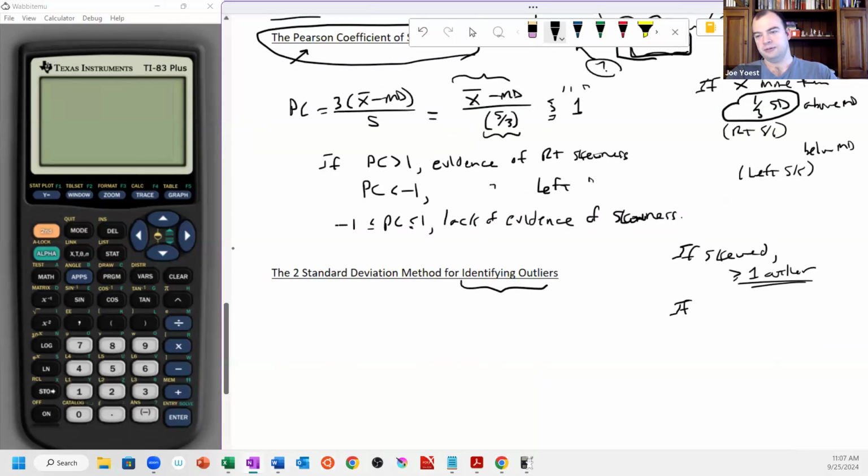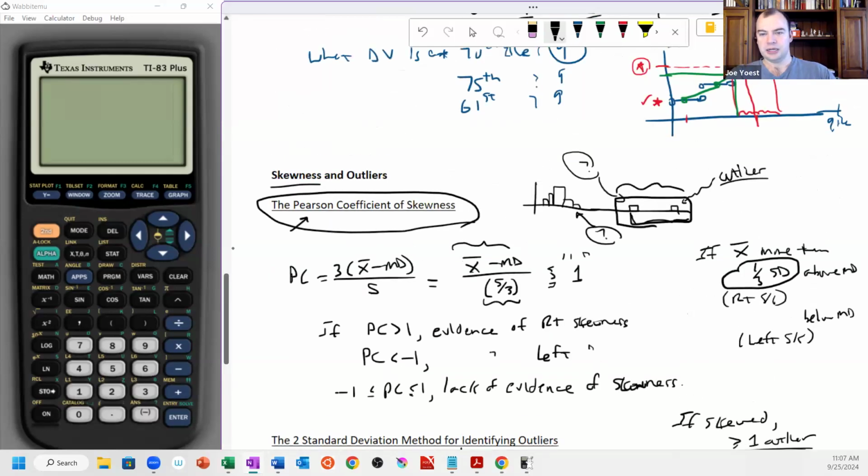On the other hand, if we're not skewed, we really can't say anything about outliers, because I could be not skewed by having outliers to the right, but balanced by outliers to the left. I could have outliers on both sides. Maybe all of these are outliers.